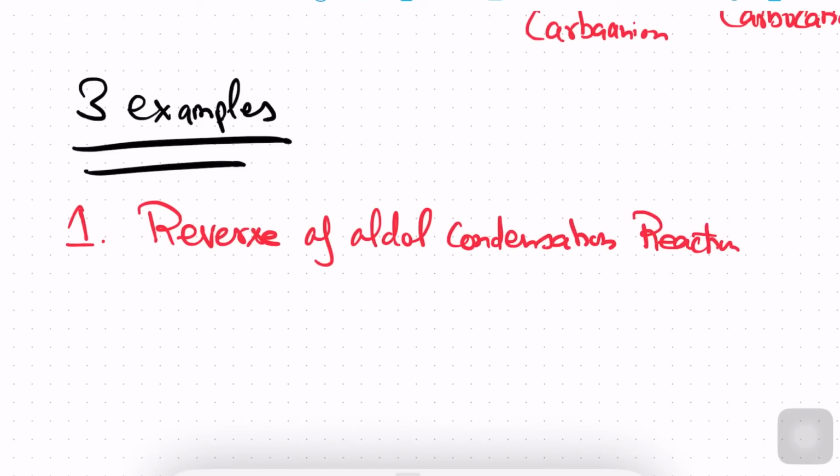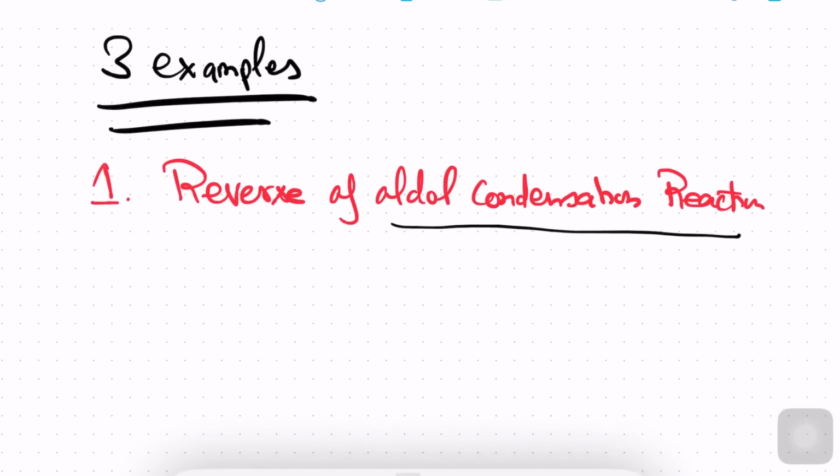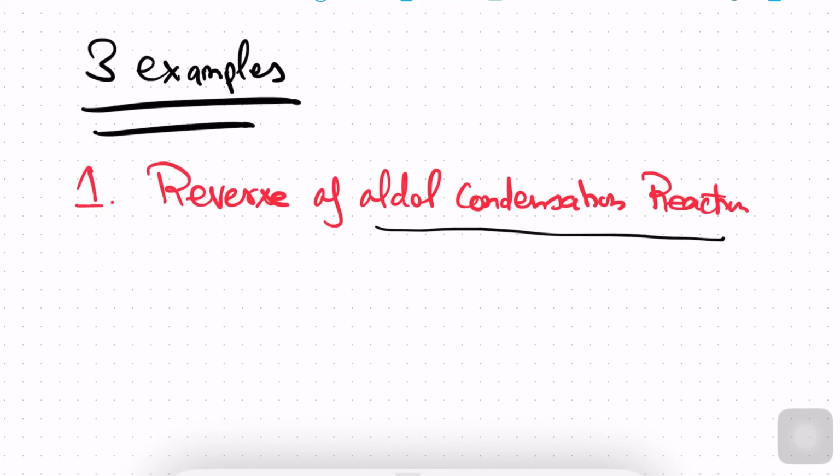Hopefully in your chemistry class you must have read what is aldol condensation reaction. Please have a look. You must keep in mind which reaction is actually the reverse of aldol condensation reaction.